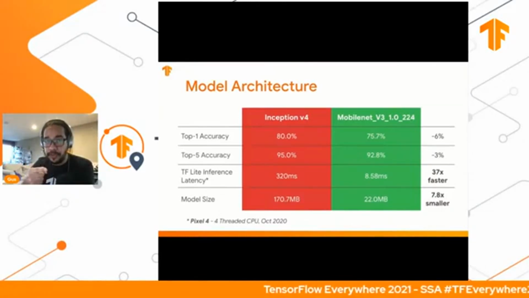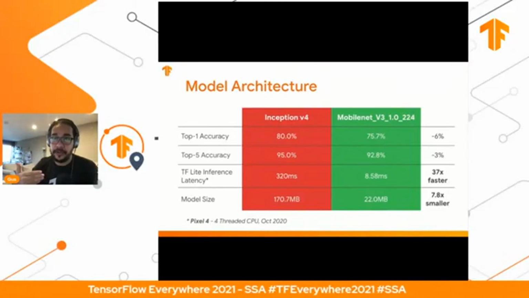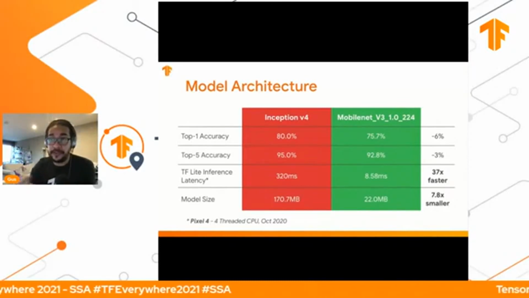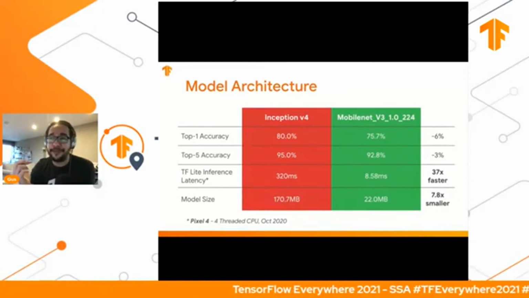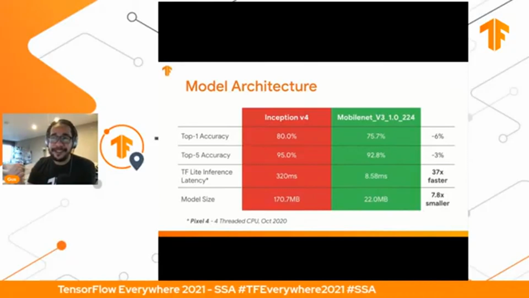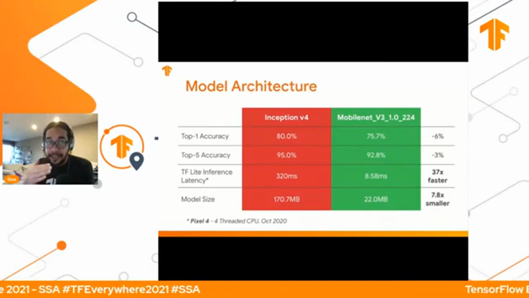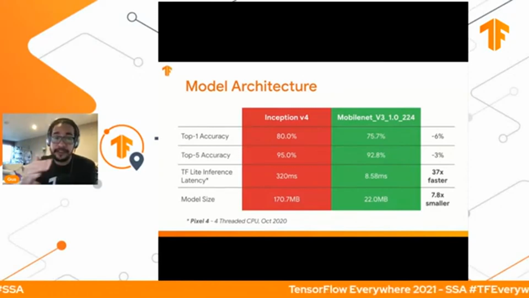So if you can do inference every 8 milliseconds, you can run inference on every frame of a video and do way deeper analysis there. While Inception V4 will take a long time to finish one execution, right? So this is a huge difference, and you have only 6% difference in accuracy.